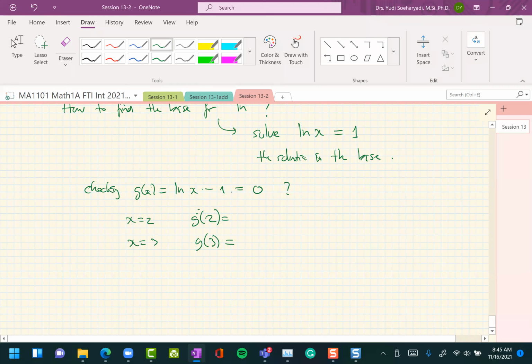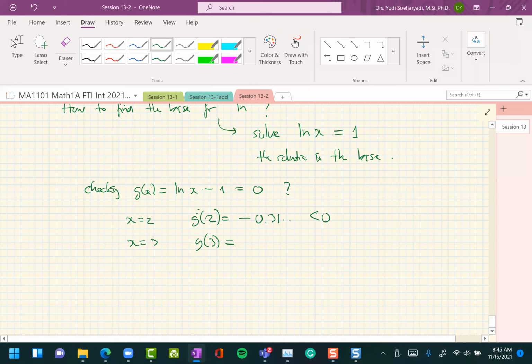So if you plug in 2, what do you get there? Get the calculator. ln of 2 minus 1, so that's negative.